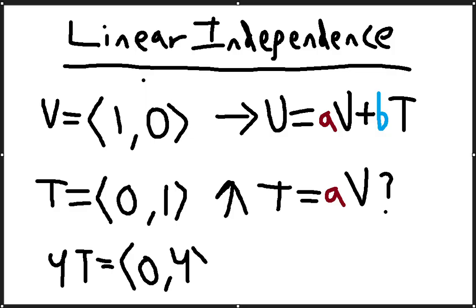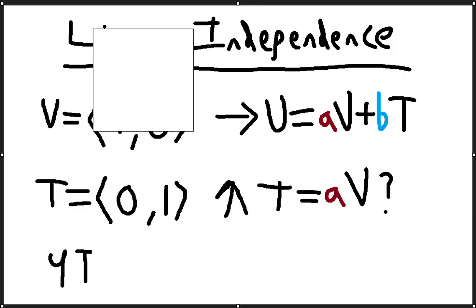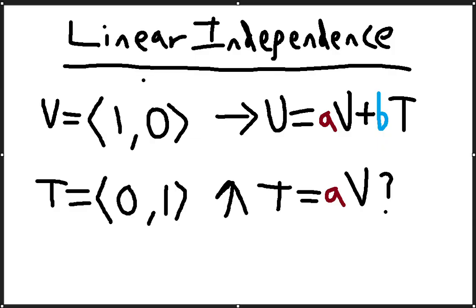And as you can see, we will never get to 1, 0 through t alone. We can combine t to itself multiple times and we'll never get v. And the same way, we can add v vectors together, but we'll never get to t.